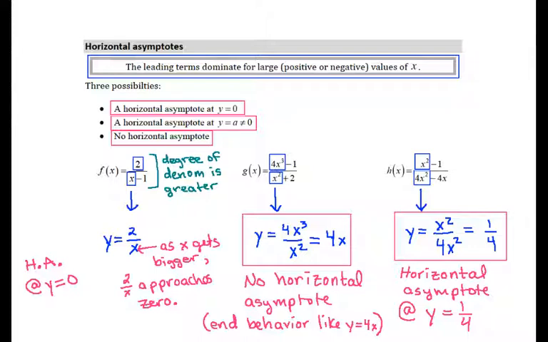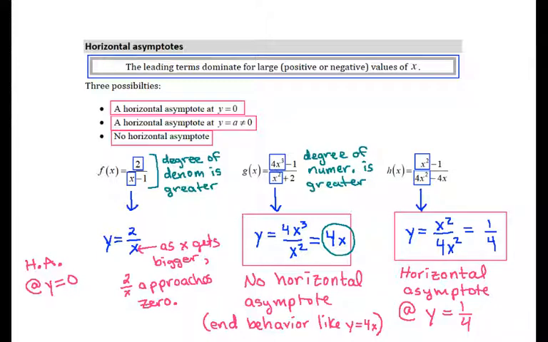The second one, the degree of the numerator is greater. When the degree of the numerator is greater, what happens is we get something that looks like a line or a polynomial in its end behavior, and you get no asymptotes at all.